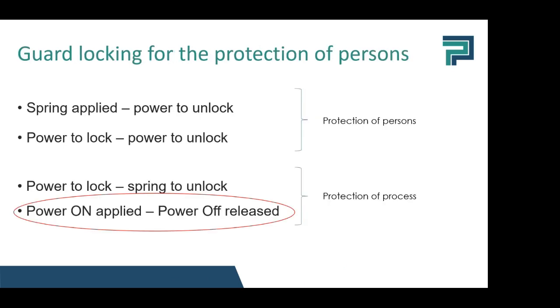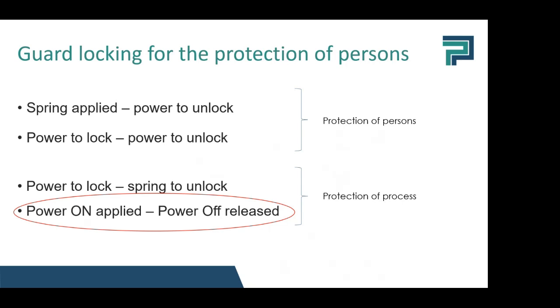Now, guards can be used for either protection of persons or protection of process. Protection of process is used, for example, if stopping the machine destroys the product. And protection of persons is to protect the operators of the machine. Only the first 2 types, spring applied power to unlock and power to lock, power to unlock, devices can be used for protection of persons.